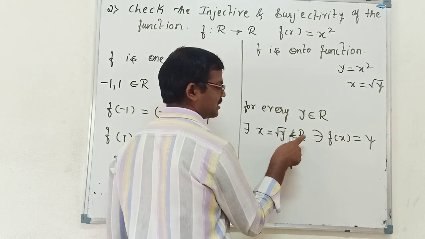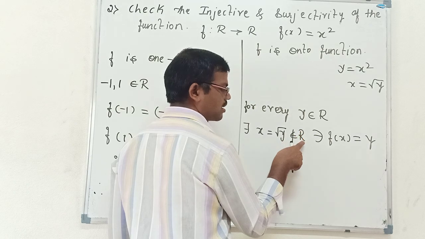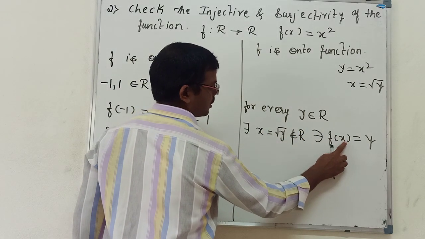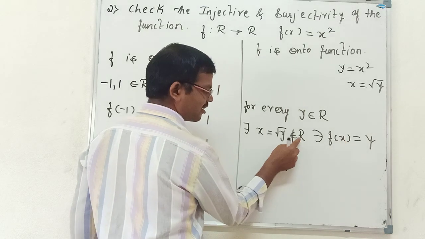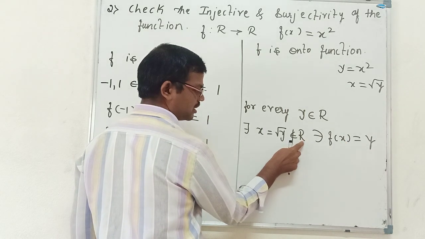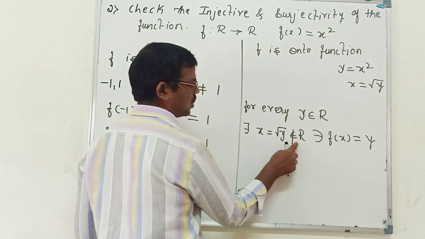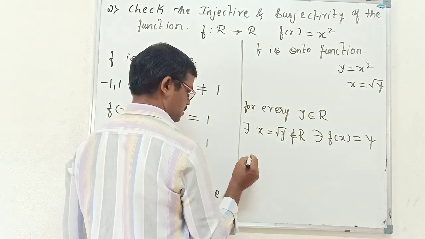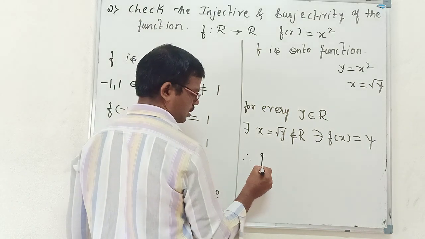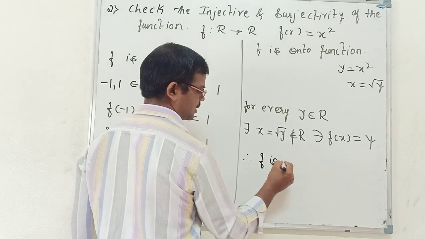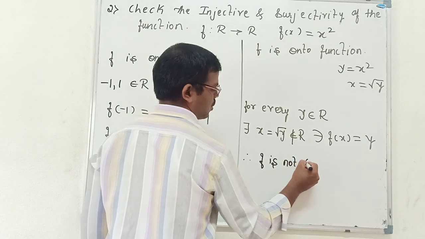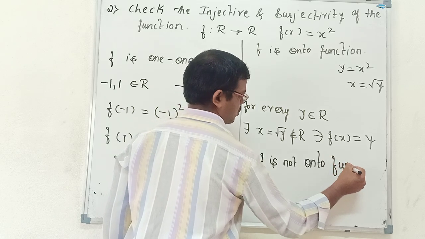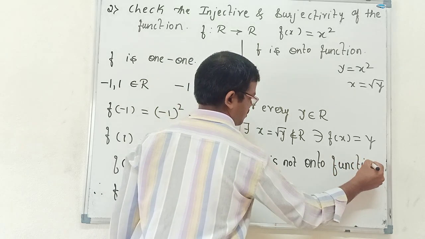So it is not called an onto function. That root of minus 2 is not there in the domain. Therefore, f is not an onto function.